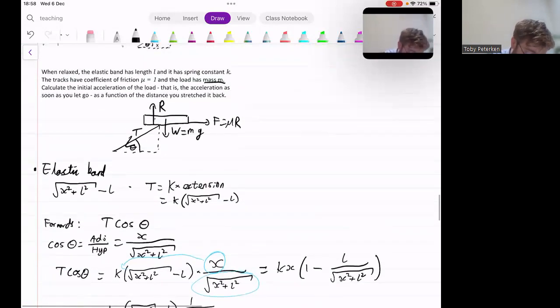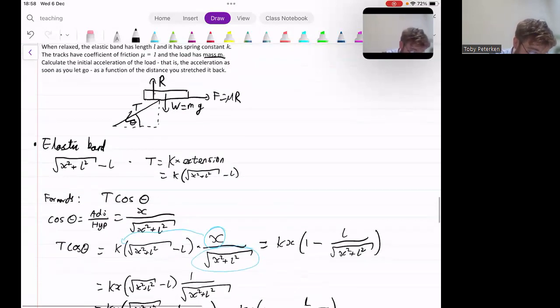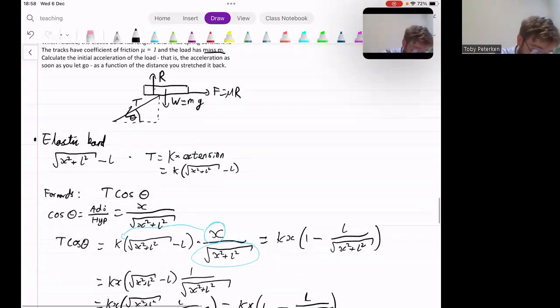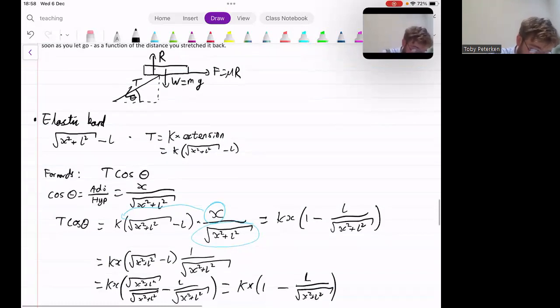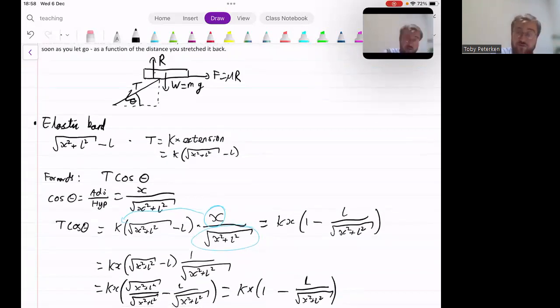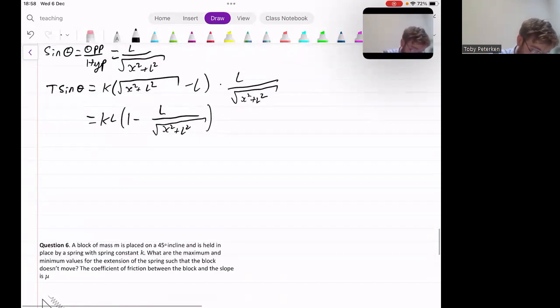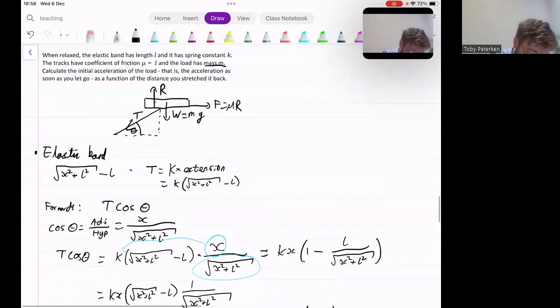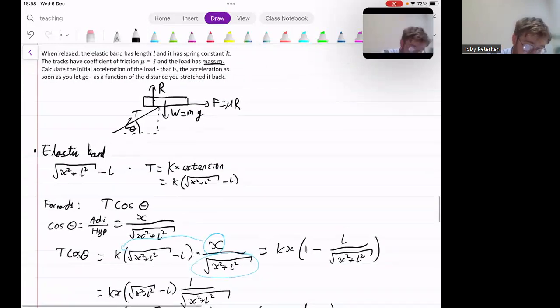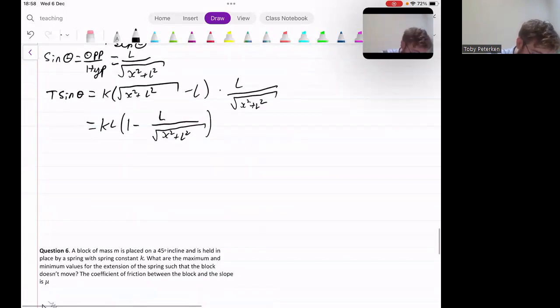So in order to work out the acceleration, we need to work out the net force in the horizontal direction. We've already worked out the force to the left, which is T cos theta, but we need to work out the friction force. And in order to work out the friction force, we need to work out the reaction force.